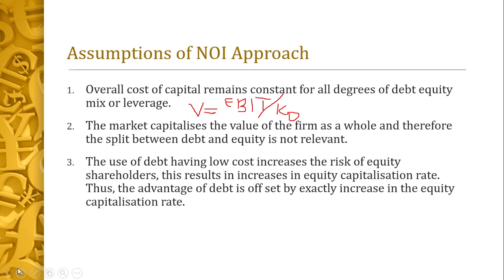Now there are different words: it could be equity capitalization rate, the rate of return expected, or cost of equity. All mean one and the same. And the last assumption is that there is no corporate tax. I guess up until this point we had discussed in the last class.